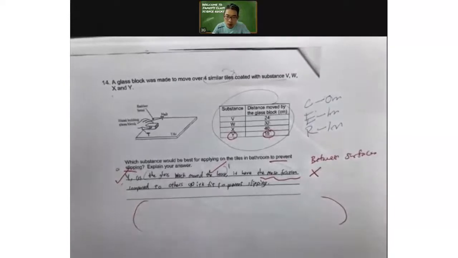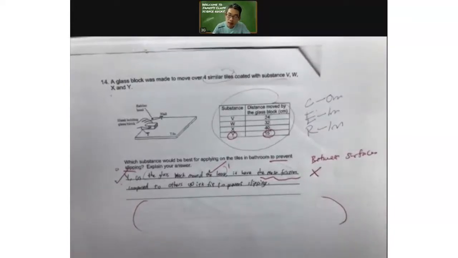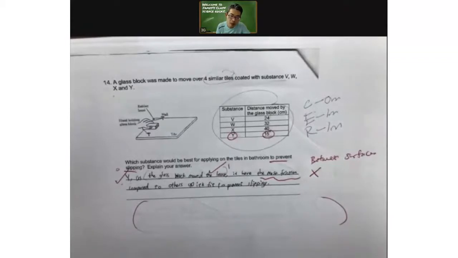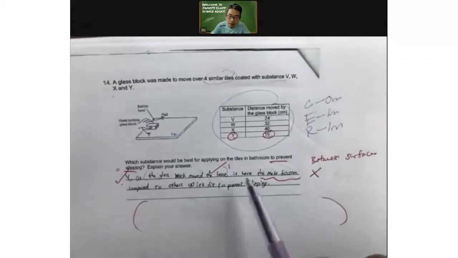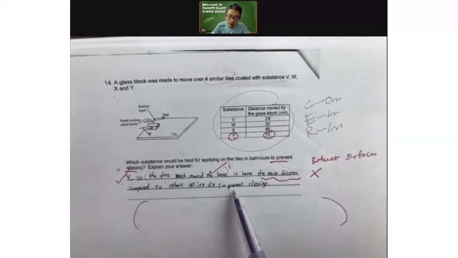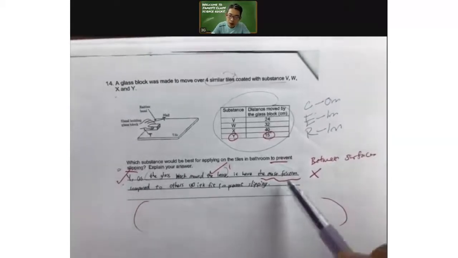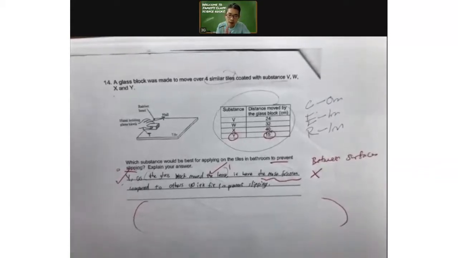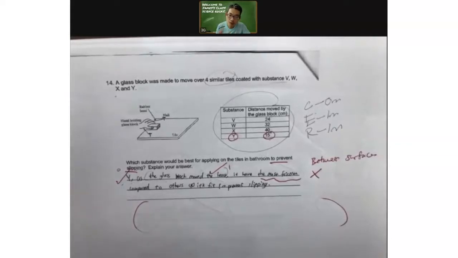Okay, now you need 1 more mark, which is your reasoning. Why did it move the least? And therefore, based on that, how do you choose this material as the one you will place on bathroom tiles to prevent slipping? Well, it has the most frictional force compared to others, so it prevents slipping. This is good. However, frictional force doesn't appear on its own, right? Frictional force opposes the direction of motion, and frictional force is a contact force, so you have to mention the 2 surfaces.